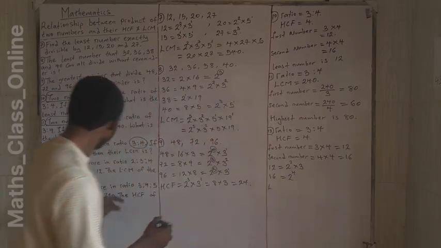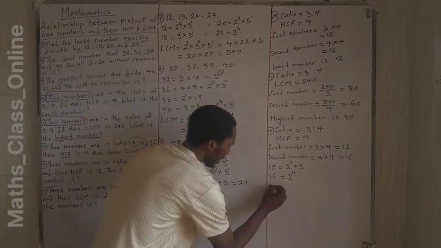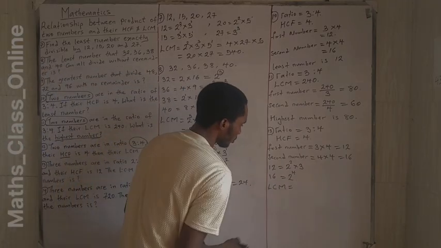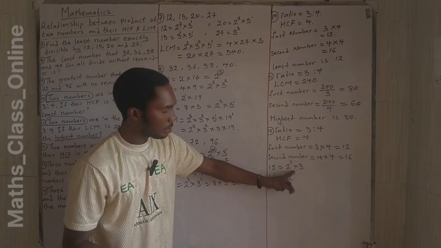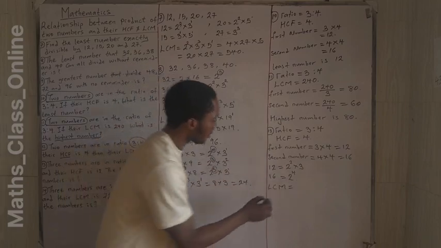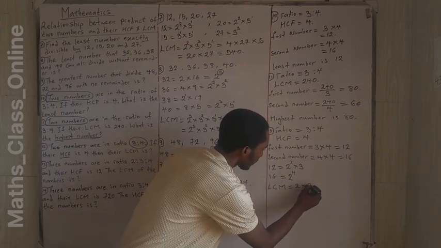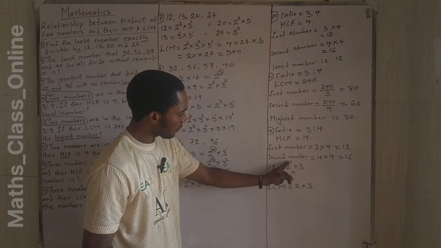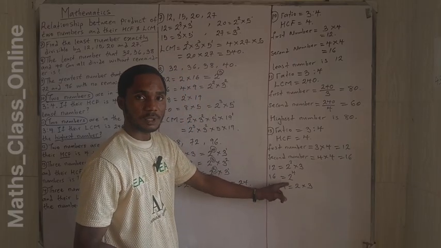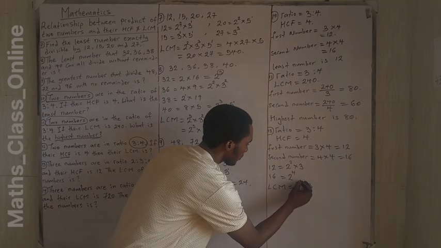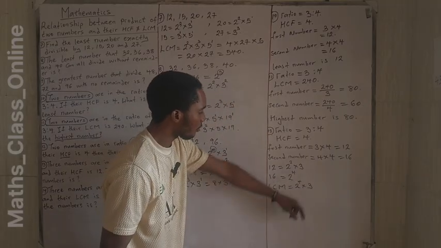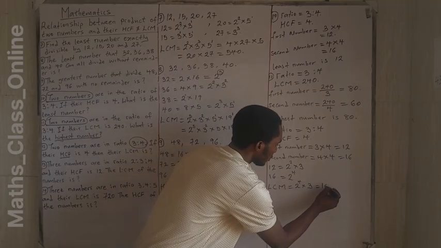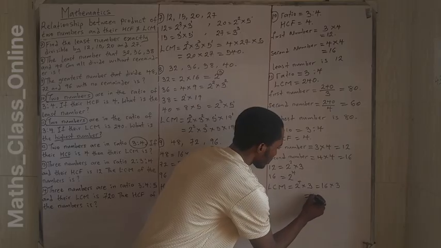We are looking for the LCM. The primes we have here are 2 and 3. The highest power of 2: the power of 2 here is 2 and here is 4, so the highest is 4. We only have 3 raised to the power of 1. So 16 multiplied by 3, and the answer is 48.